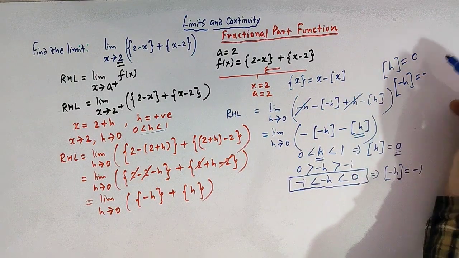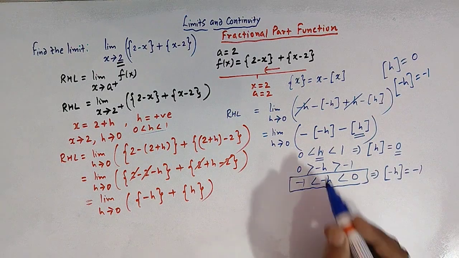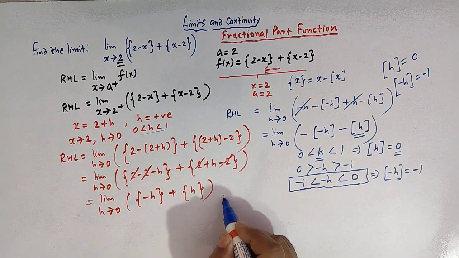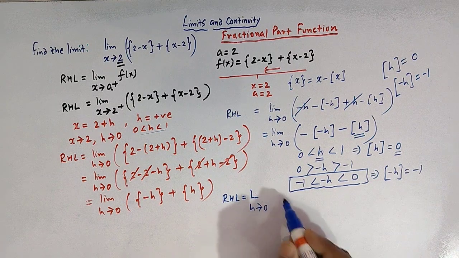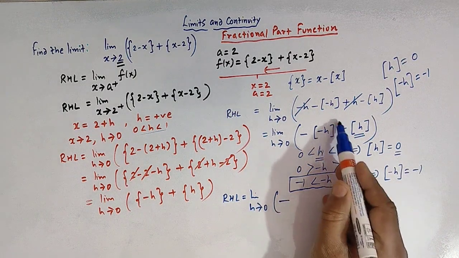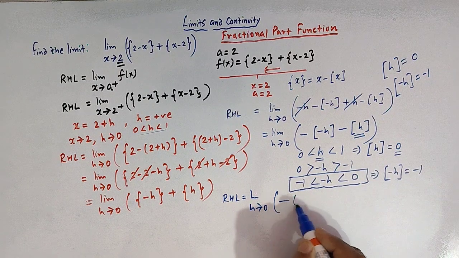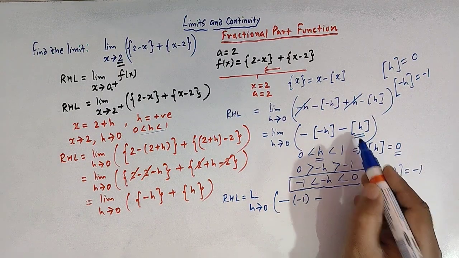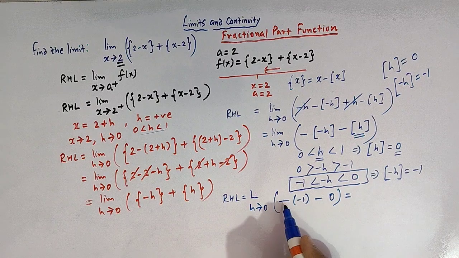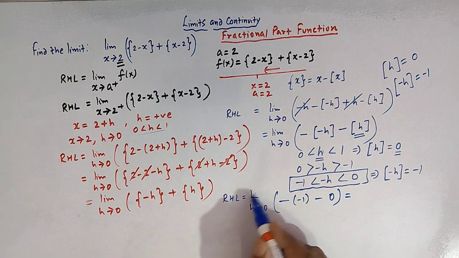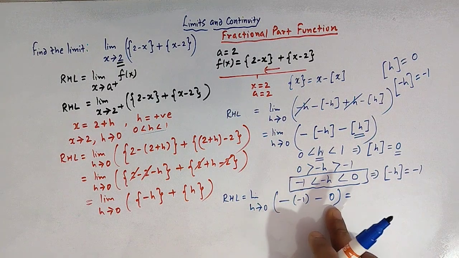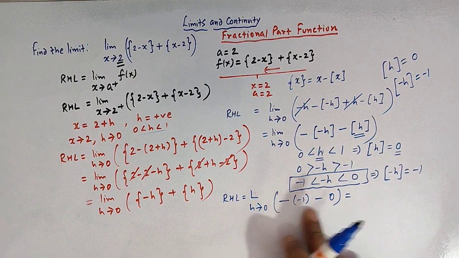So here we can take minus 1. So now the right hand limit becomes limit h tends to 0, and here we have minus 1. So here we can write minus 1 and here we have 0. So this is minus minus plus, and now we can remove this limit notation, because here we do not have any term containing h.